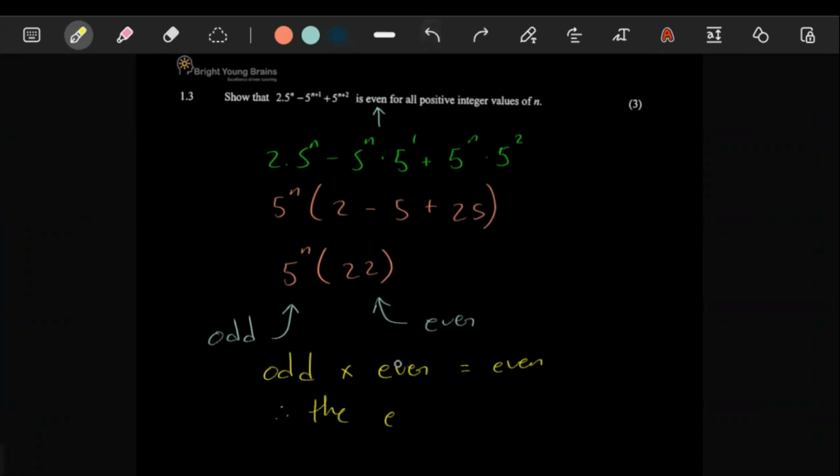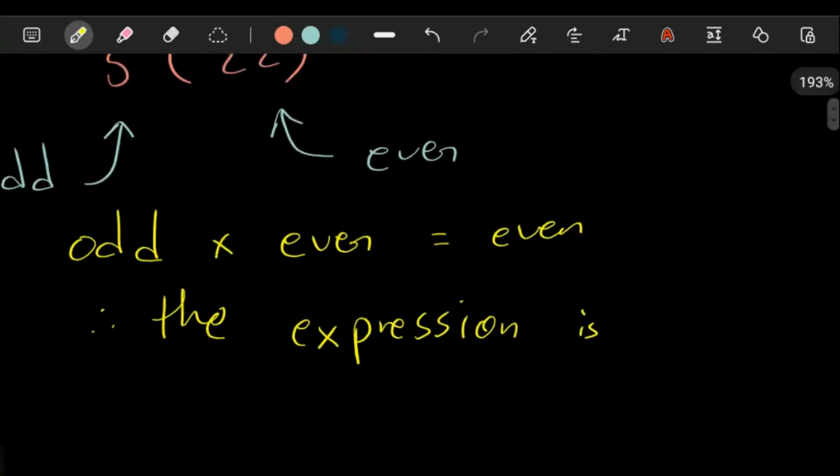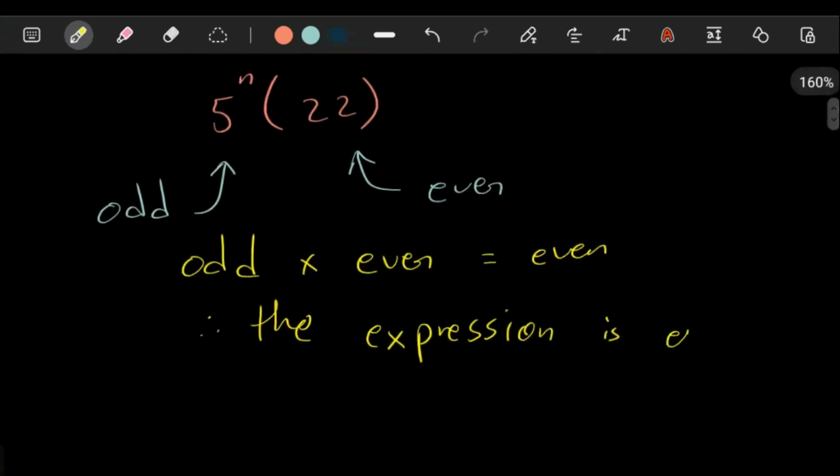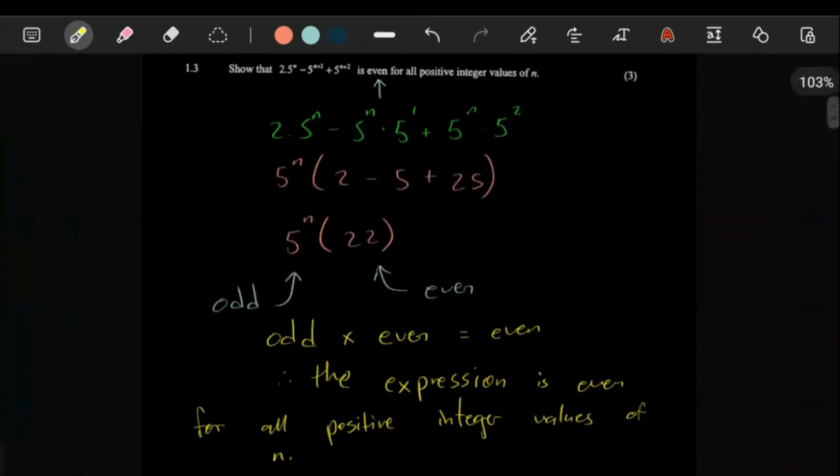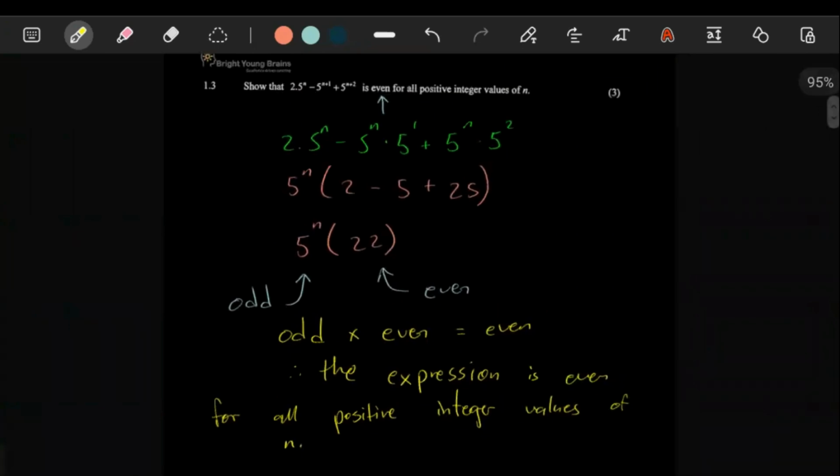You don't even have to write this therefore, but just for the vibes, let's do it. See, and then we can move on to the next question.